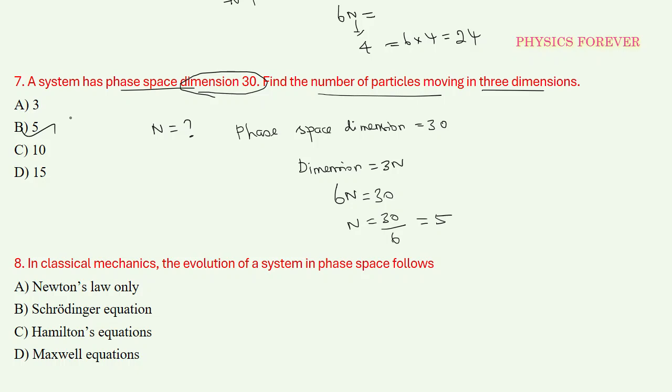Most important, sometimes the question may be like this. The phase space dimension 30 is given, and the number of particles moving in 3 dimensions is asked. We have already seen that we have to take it as 6n.